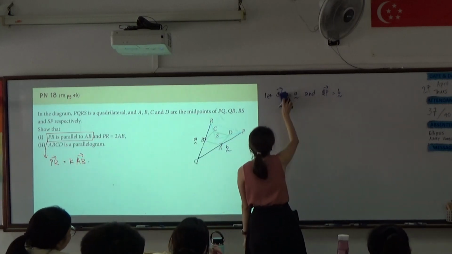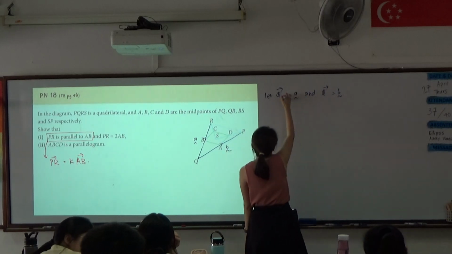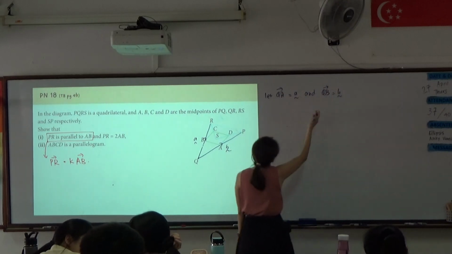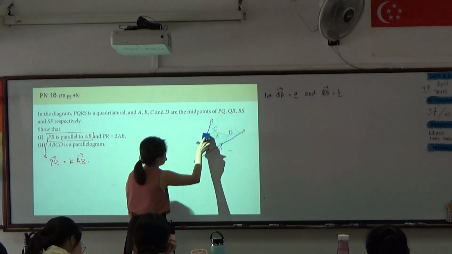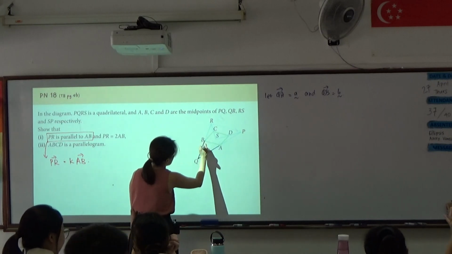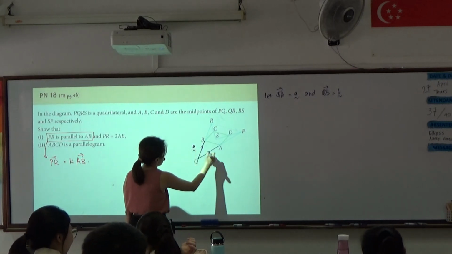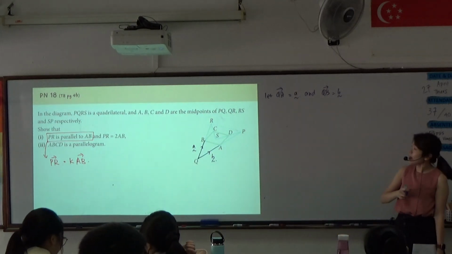I meant QA and QB. If you do QR and QP, then you will deal with fractions. We don't want that. My apologies. A and B.